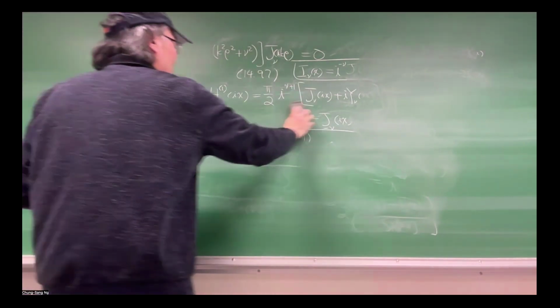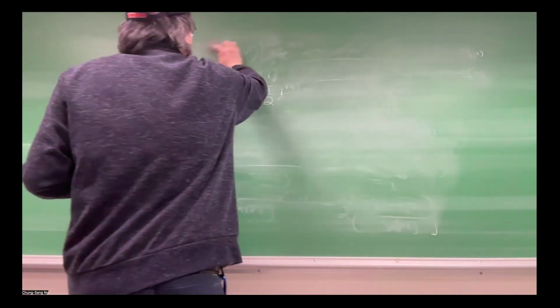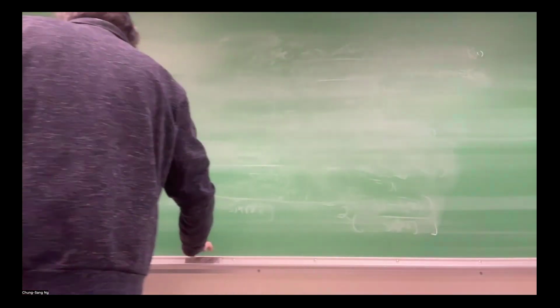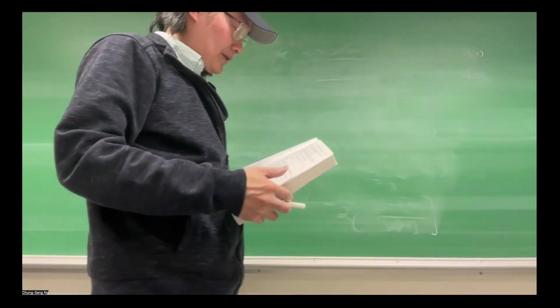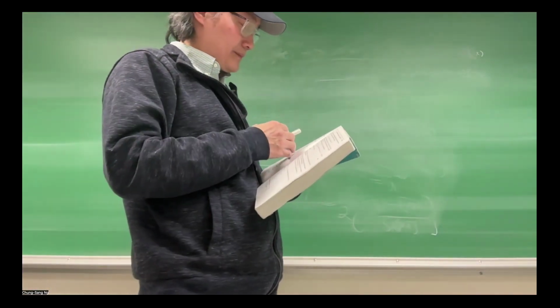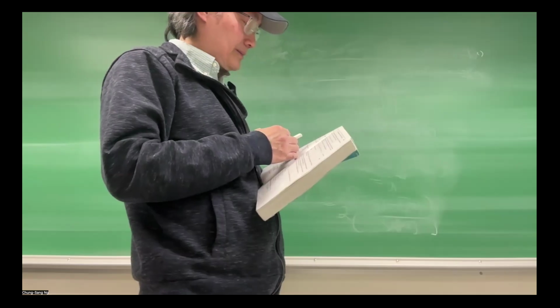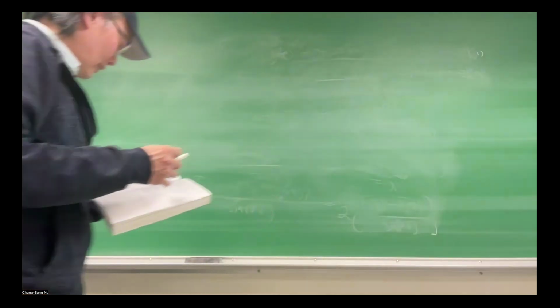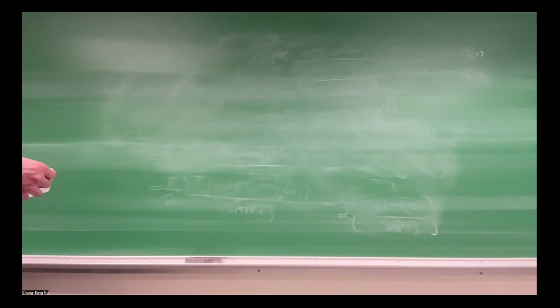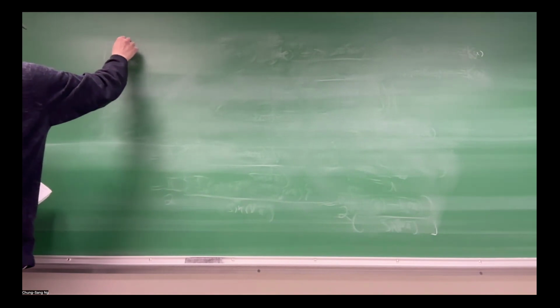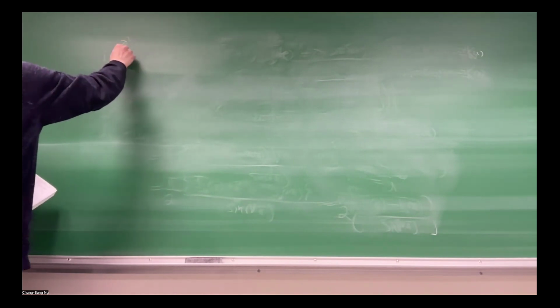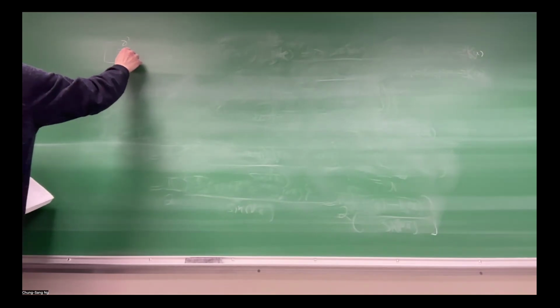The application of these two functions is more apparent in this example. This is the Green function of the Laplace equation. The left-hand side is the Laplacian in cylindrical coordinates, written in the notation of your textbook, which is a little bit non-conventional.